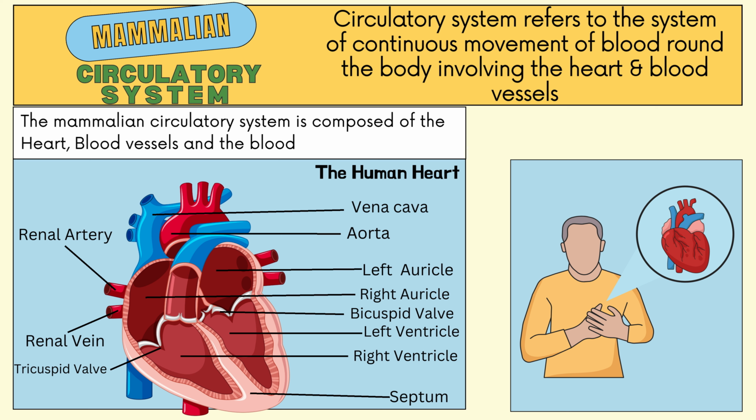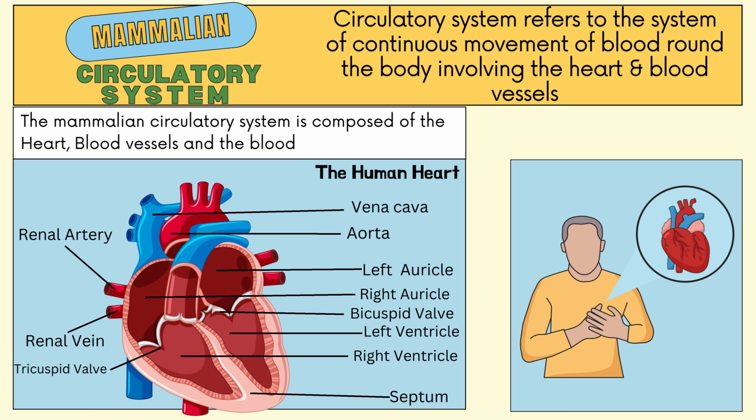The heart also has valves which prevent backflow of blood and also prevent oxygenated blood from mixing with deoxygenated blood. These valves include the following: tricuspid valve. This is found between the right auricle and the right ventricle.